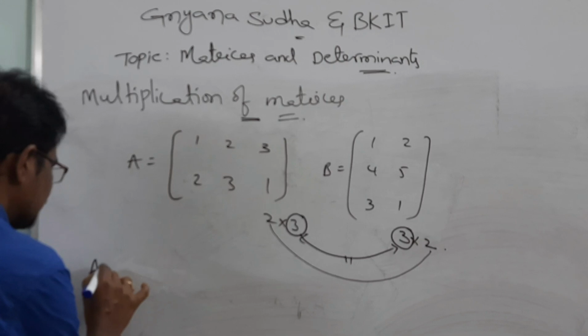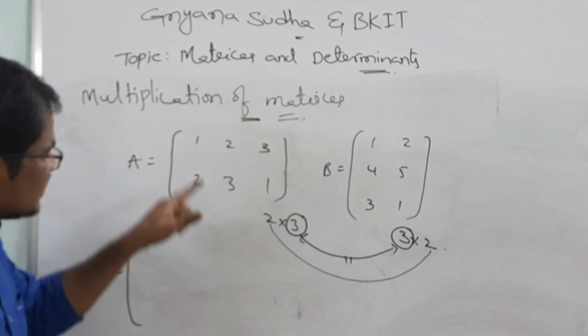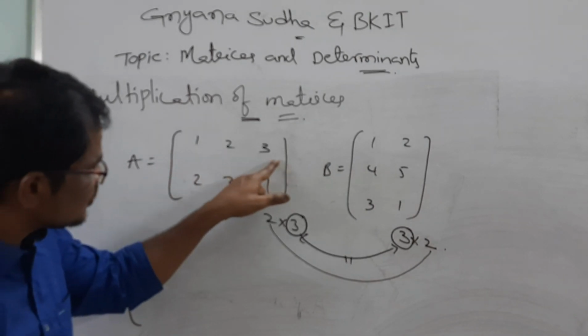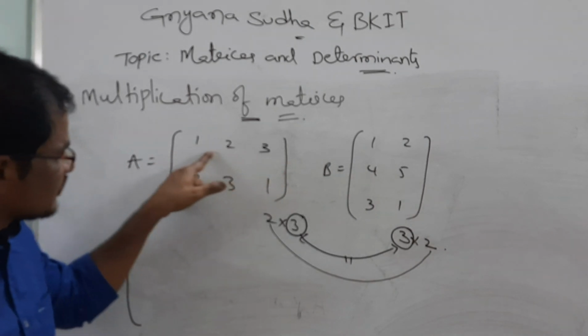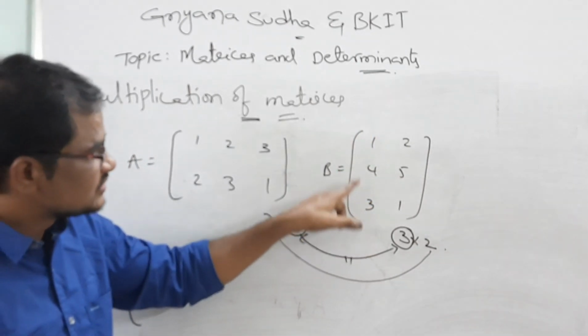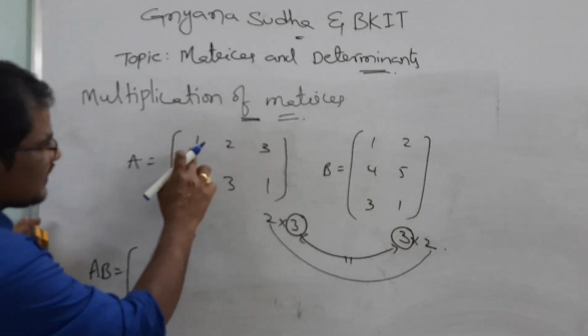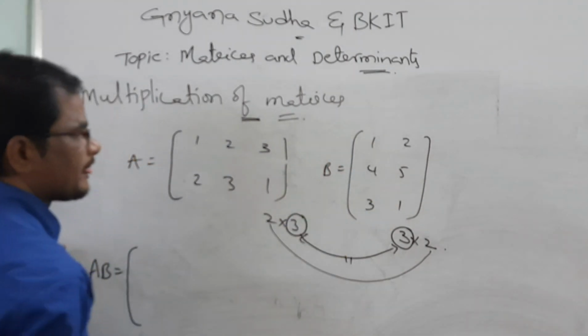So A into B equal to, how to multiply, that is also important. See, the position of this one is first row, first column, and this is also first row, first column. So multiply first row with first column.